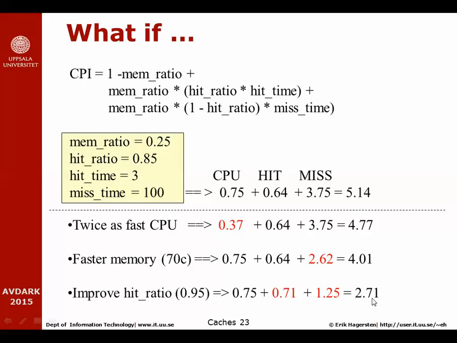So this is just a simple math equation that should motivate why it is incredibly important to have applications that perform well with caches, and to make caches that exploit the locality of those applications and make the hit ratio higher.